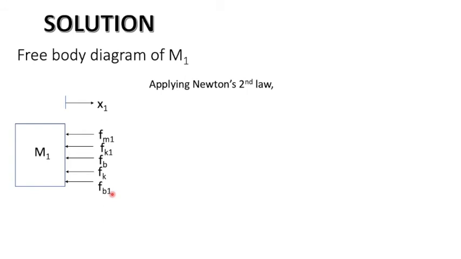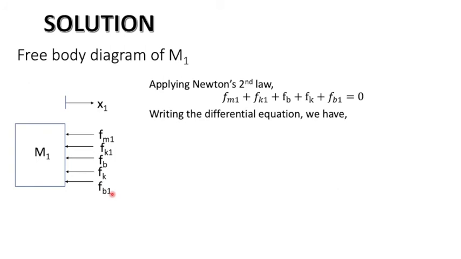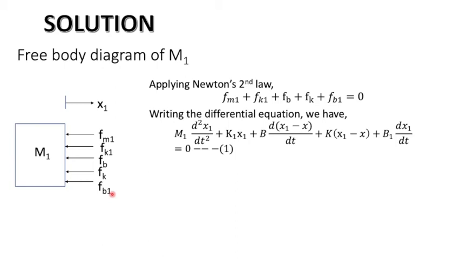Applying Newton's second law, the sum of opposing forces is equal to 0 because there is no applied force directly on mass M1. Converting into the differential equation form, we have M1 d square x1 by dt square plus K1 into x1 plus B into d(x1 minus x) by dt plus K(x1 minus x) plus B1 into dx1 by dt is equal to 0.